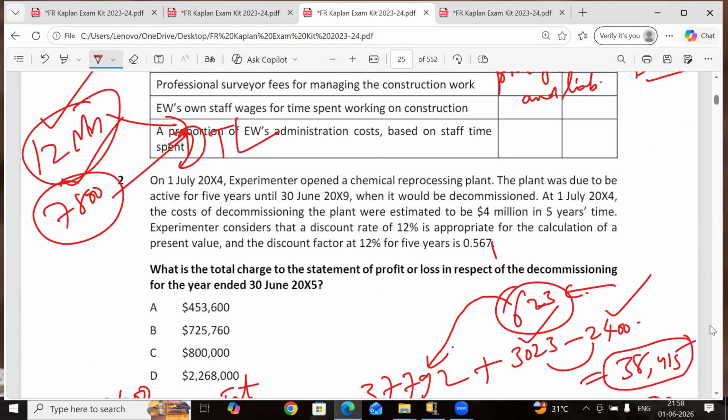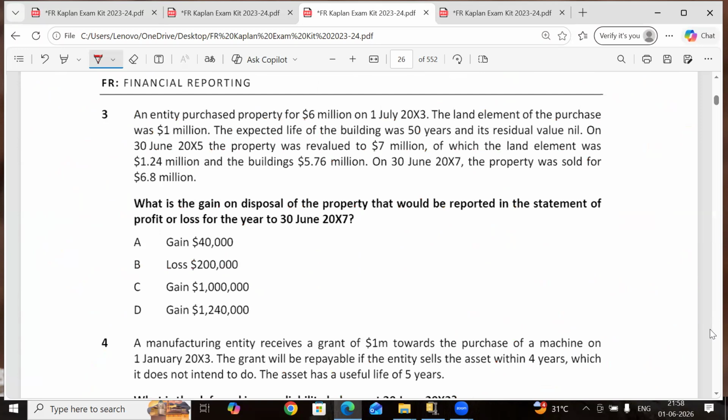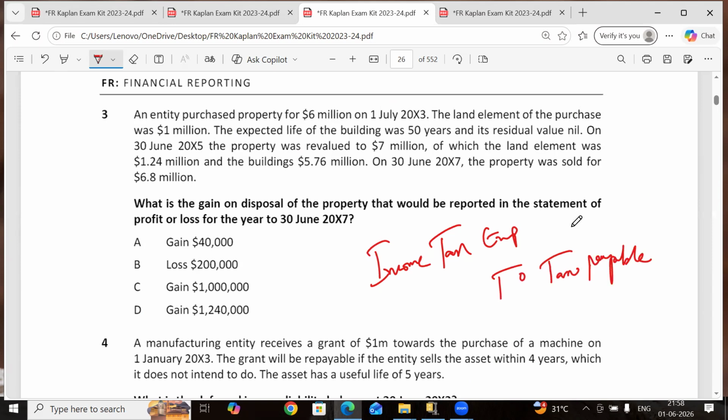Generally, what is the entry for the estimate you make for the current year? Income tax expense to tax payable. The estimate which we made was 2,700, which was already given.